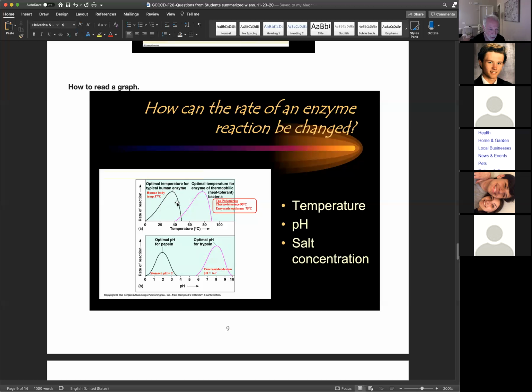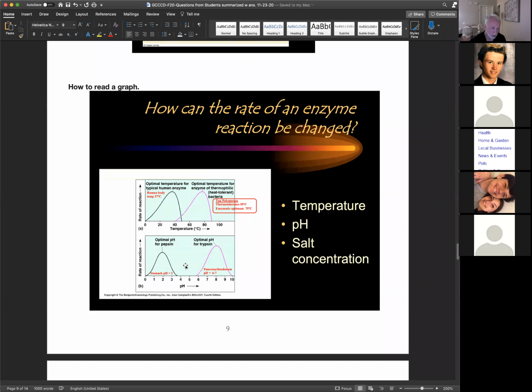If you go any higher than that, it slows down. So optimum is the fastest rate that it can go. And you see the same thing with the purple line, except it's a different enzyme. And so the optimum is at about 75 degrees. Lower than that, the enzyme is running at a slower speed. Higher than that, it denatures.